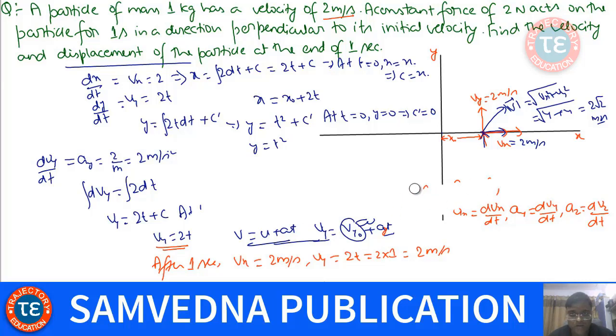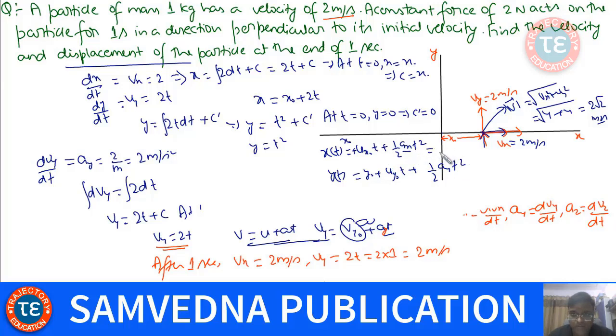Or if you don't want to do it from the scratch, you can use the formula. What is the formula? Formula is xt is x naught plus ux naught t plus half ax t square, and yt is, but here we have to add y naught also, y naught plus uy naught t plus half ay t square.